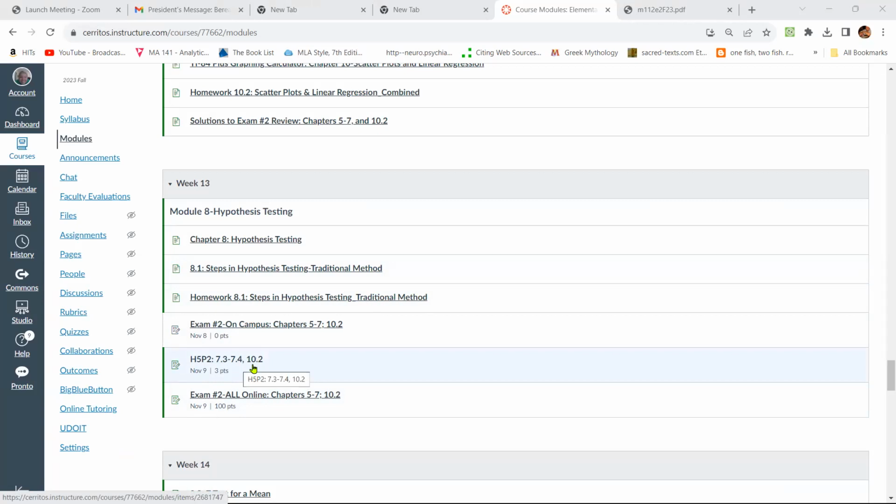It doesn't cover 8.1, even though 8 is part of this module technically for this week. Don't work on 8.1 until after you finish your exam.